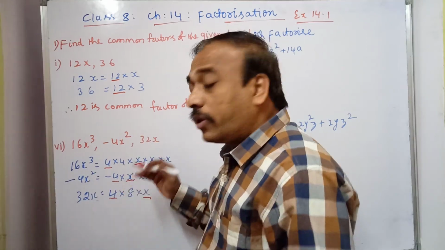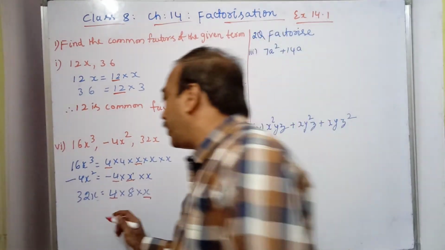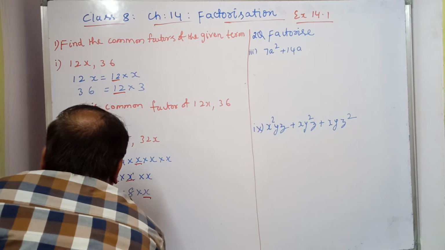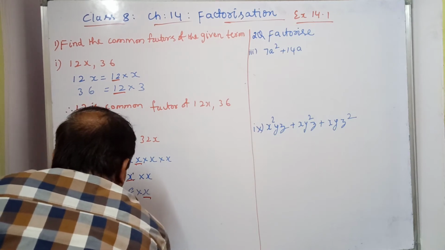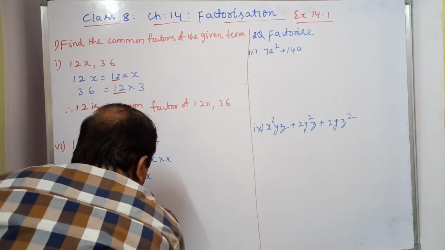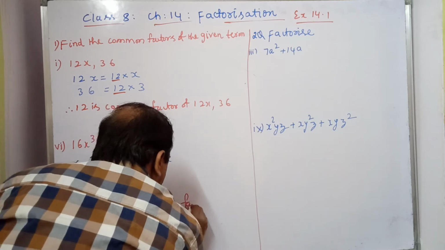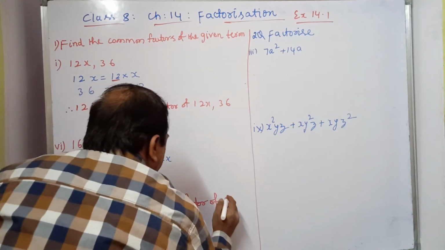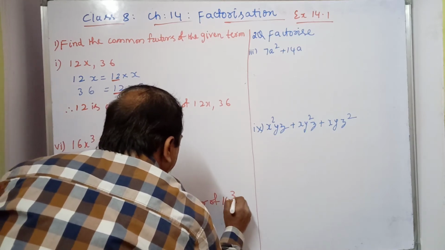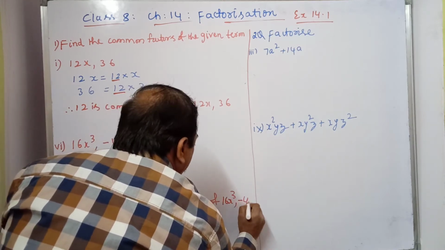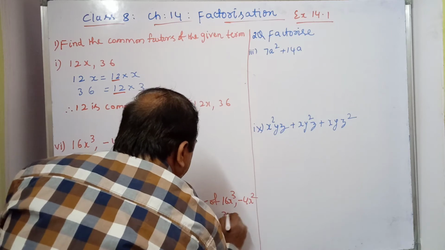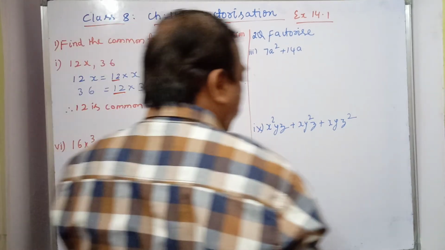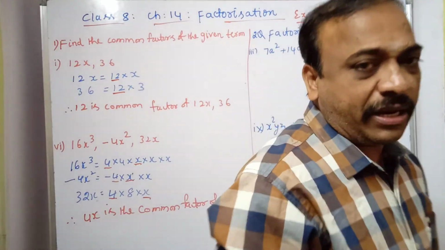In all, 1 4 and 1 x are common. Therefore 4x is the common factor of 16x cube, minus 4x square and 32x. This is about taking common factors.